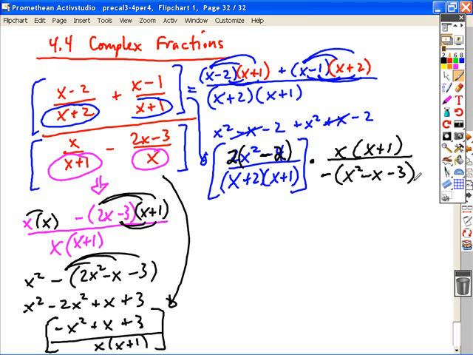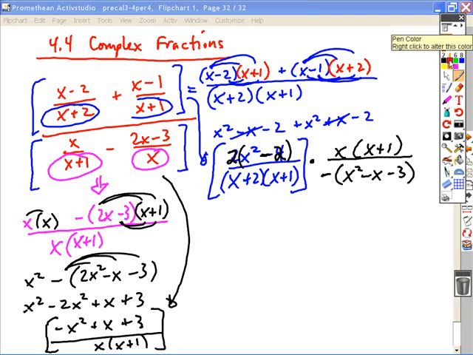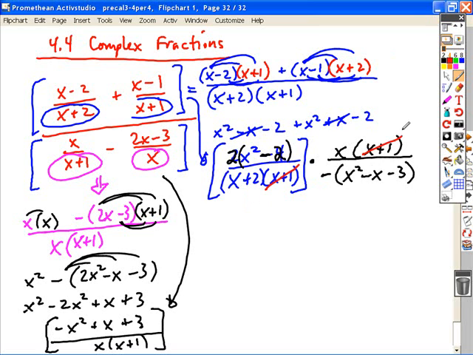And now I can look to see, do any of these factors cancel out? Okay. So if I go through, I have x plus 1s. Those cancel. There's nothing else that cancels. So when I write my answer, I'm also going to move this negative. Remember, negative signs can be moved to the top, to the bottom, or out front.